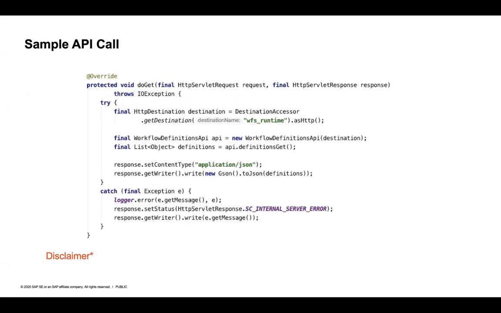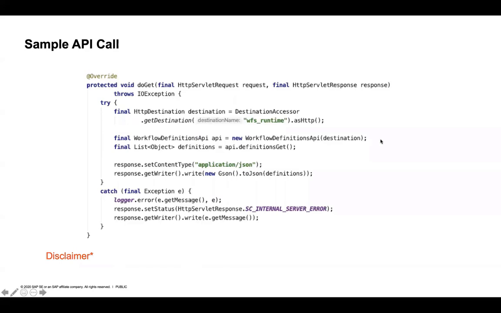I created a very small sample servlet as an application to show off how such an API would be used. Inside our get method, first we instantiate a destination, in the same way that we would for any other system, whether it's an ERP system or a third-party system or what have you.